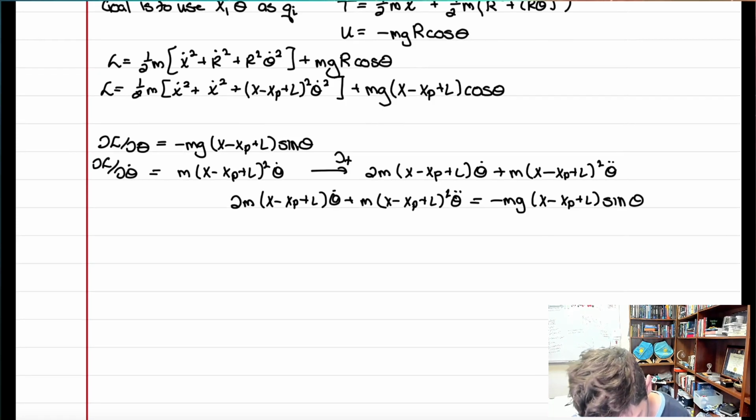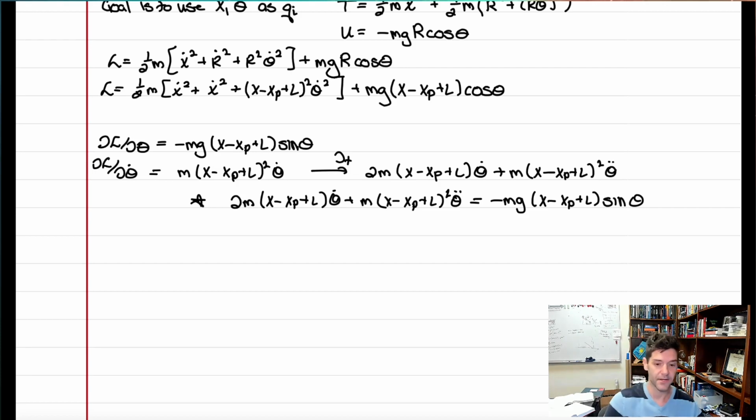That is one of the two Euler-Lagrange equations that you have to solve. Notice it's coupled, right? It's not just a function of theta, but it has x in it as well. So I need to simultaneously come up with a differential equation for x, and then I would solve those together, most likely on a computer.